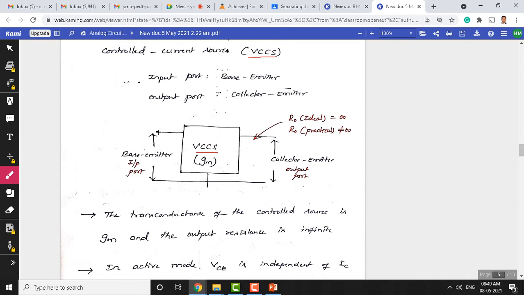The condition is the input signal must be very small, a small signal operation. Small in the sense it should be less than 25 millivolt. We already said that this VBE that we are applying must be less than VT, right? And the VT typical value is 25 millivolt. So that's the condition here. So input must be less than 25 millivolt.